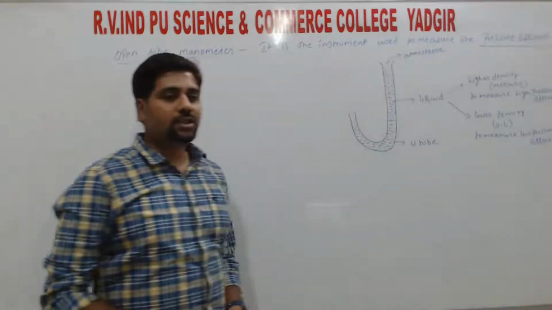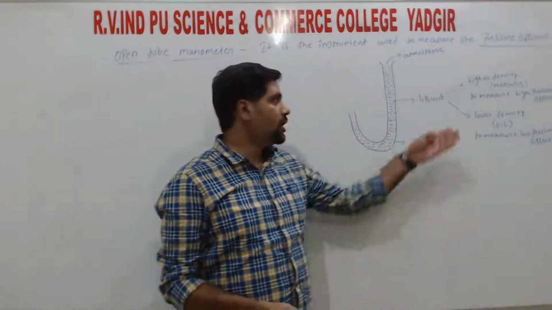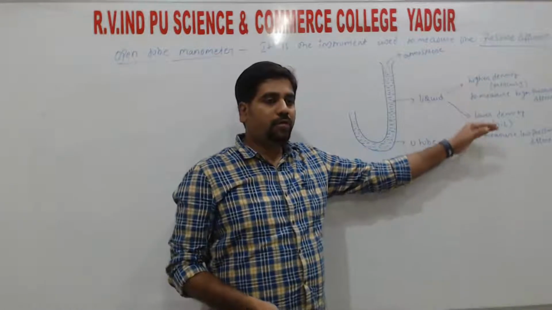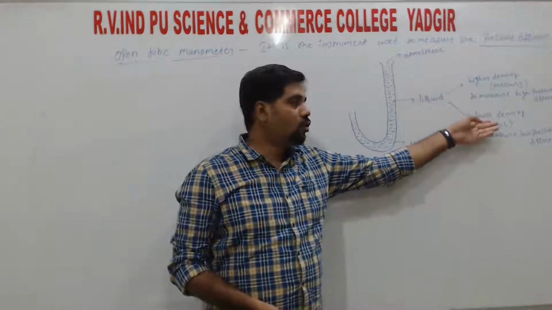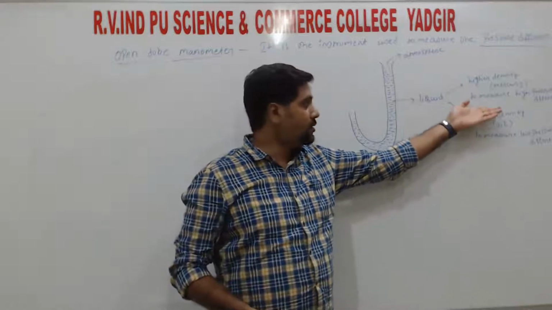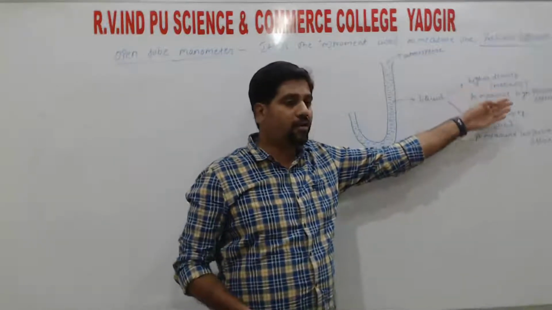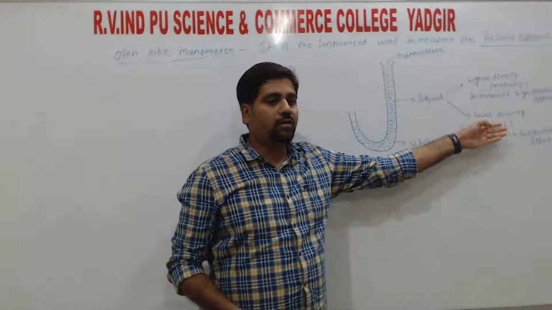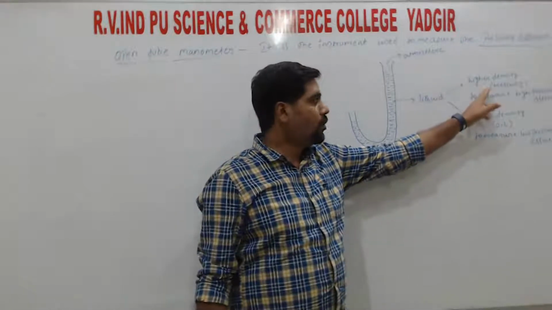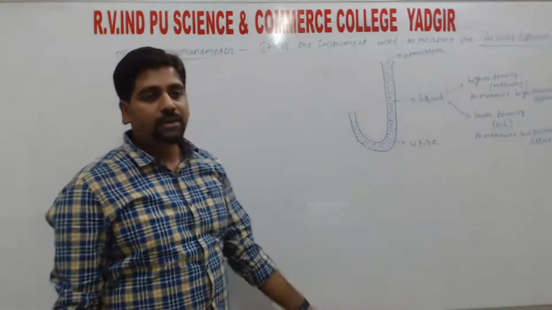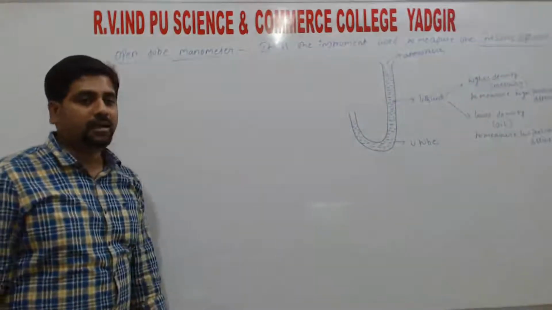So if we find a high pressure difference, we use a higher density liquid. If we find a low pressure difference, we use a low density liquid. For example, the higher density is mercury and the lower density is oil. Oil has around 600 to 800 kg per meter cube, and mercury has a density of 13,000 kg per meter cube, right?